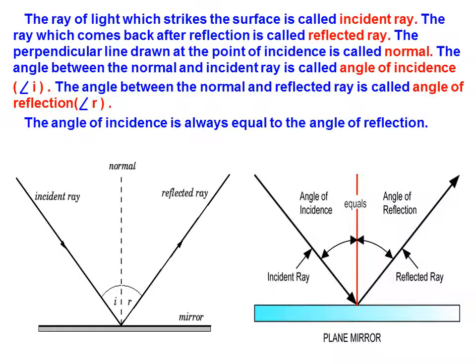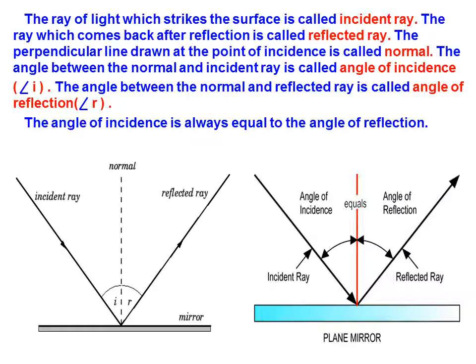We will discuss this in an easier way. The ray of light which strikes the surface is called the incident ray, and the ray which comes back after reflection is called the reflected ray. The line perpendicular to the surface is called the normal.